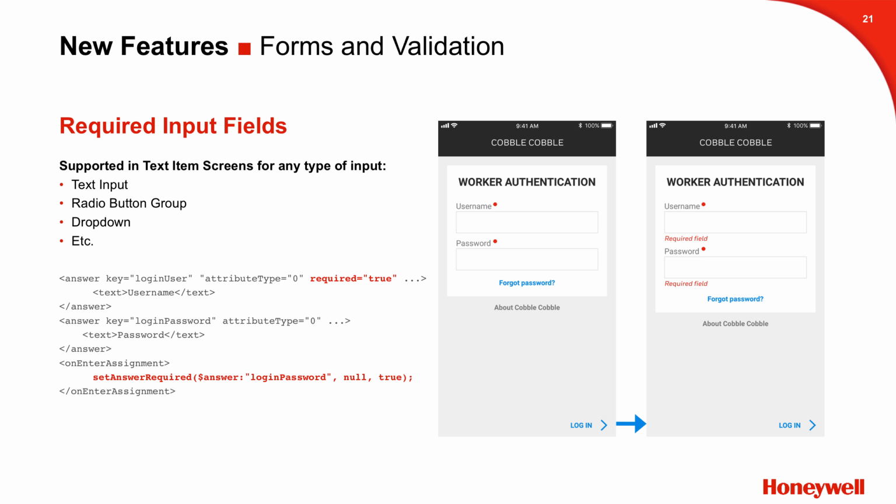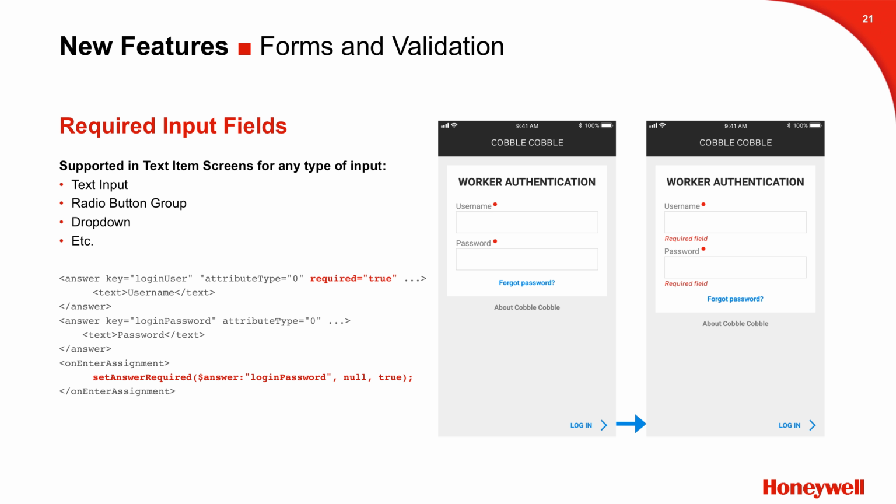We have a new required attribute that allows you to add a required indicator to input fields and to block forward navigation in case a certain requirement is not met. And the implementation here is very straightforward. It's supported for all kinds of inputs like text input, radio button group, dropdown, and so on.